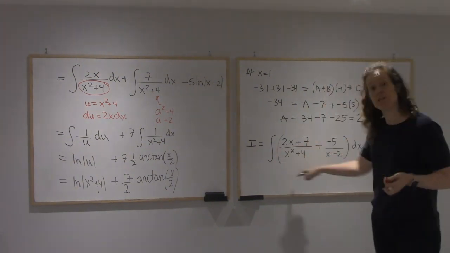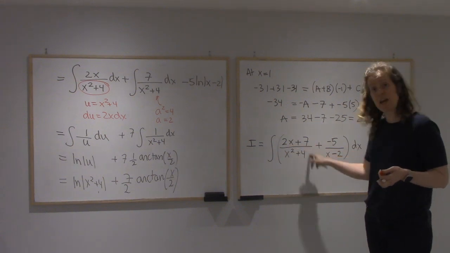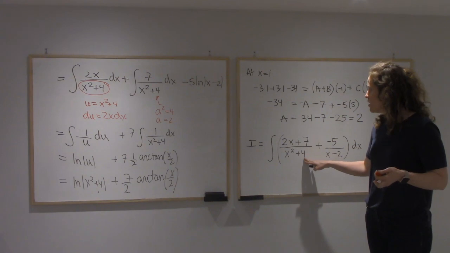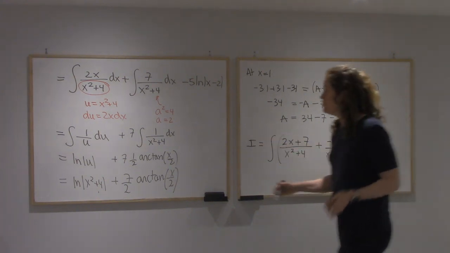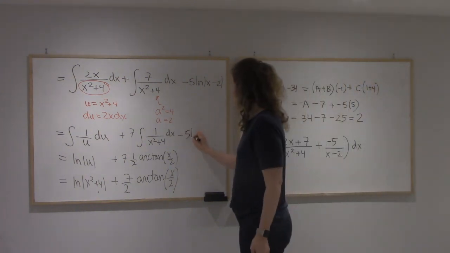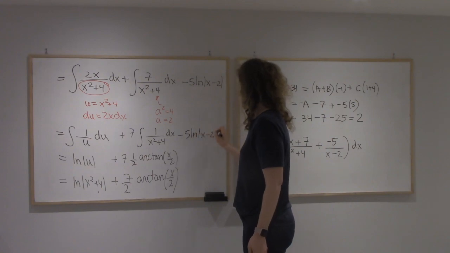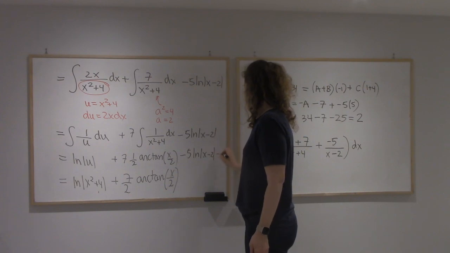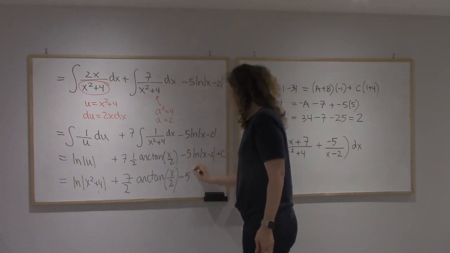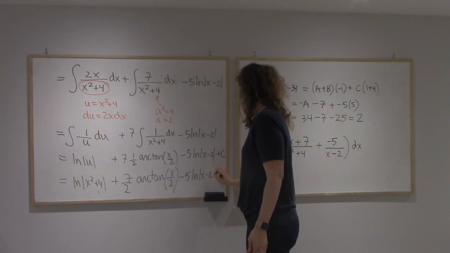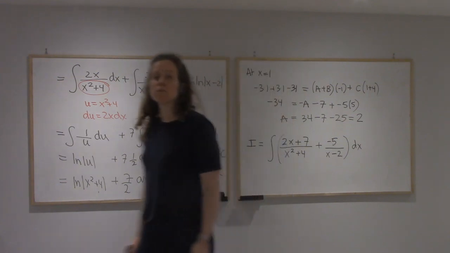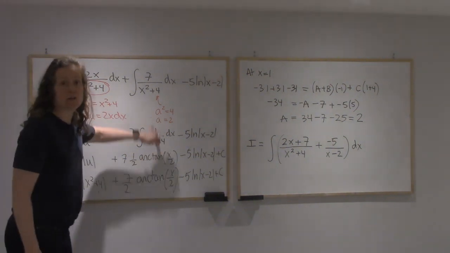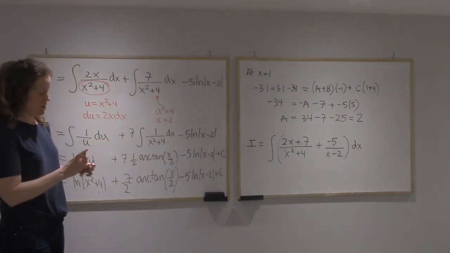Alright, so when you have an integral like this with 2x plus 7 and x squared plus 4, x squared plus any constant, I would split it this way. I'll split it this way so that I can use the substitution on half of it, and I can use the arctan on the other half.